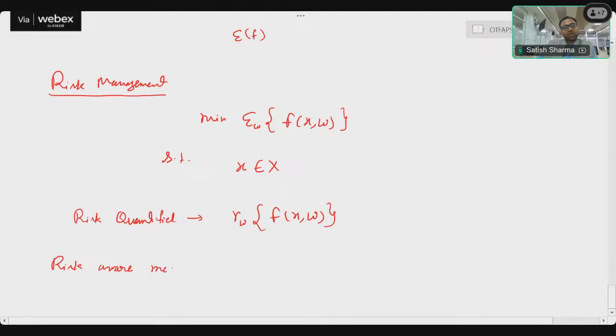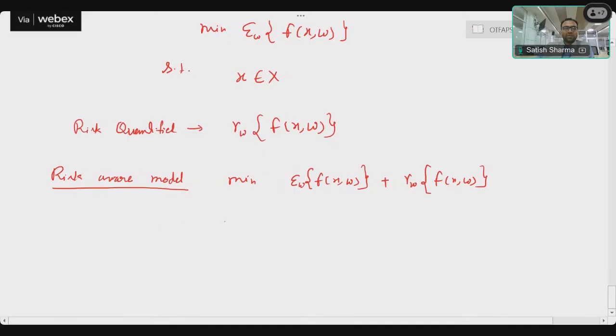If I put risk in my model, I will minimize the expected value of my function, which is in terms of the scenarios, plus the risk value as well. So it is a minimization: I add these values because I want to minimize the cost as well as the risk value.